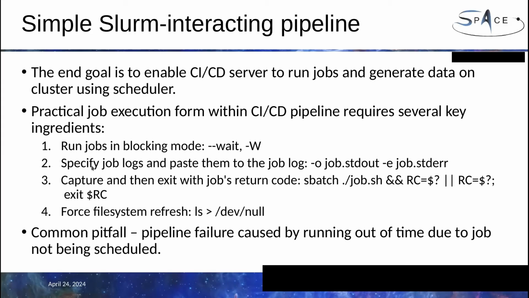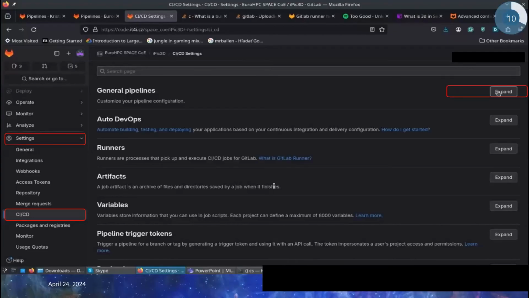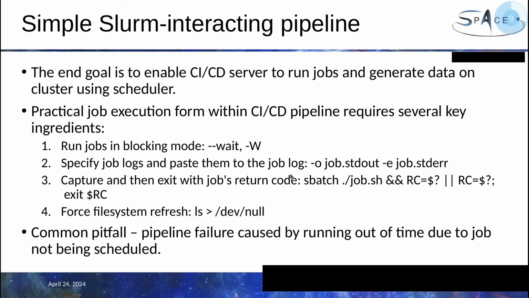There's the wait or -w option for sbatch, the -o and -e redirection of job output, and this construct which captures the return code of the sbatch command and actually causes the failure or success of the entire job.